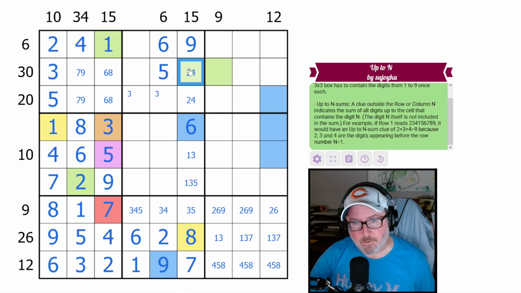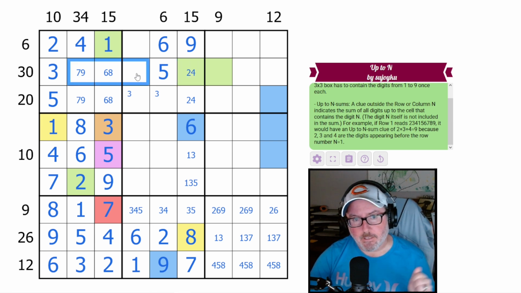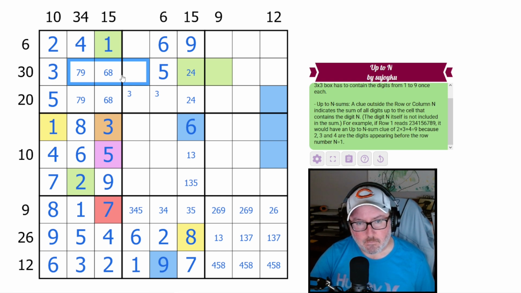so if this was a 2, let's say, we now know that these 3 digits have to add to 22. It wouldn't be 6, 7, obviously, because we can't put a 9 here. But let's think about those options.